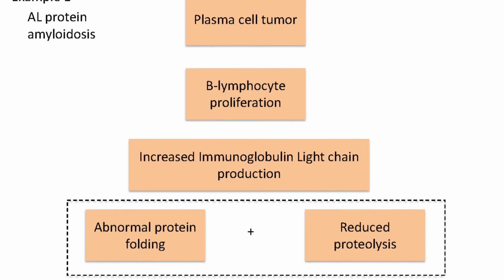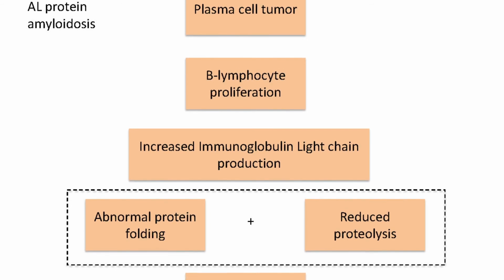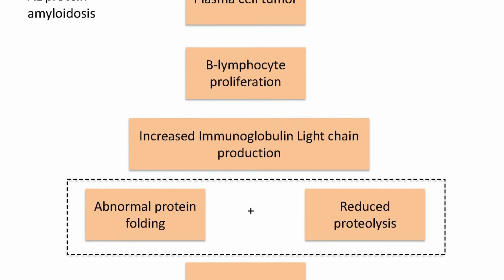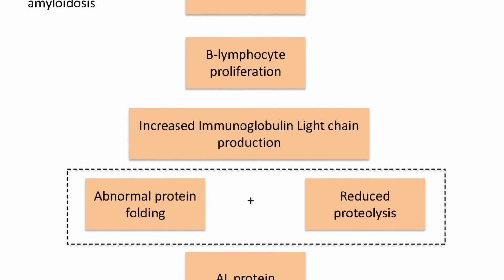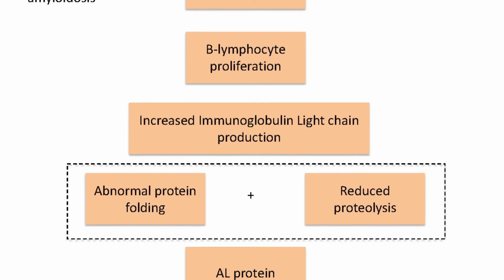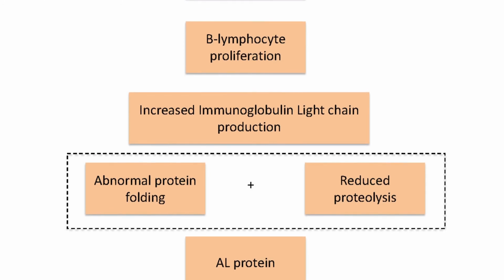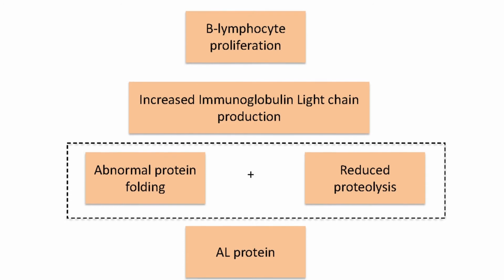As in the case of AL protein amyloidosis, which we have previously mentioned is a case of plasma cell proliferation, there is an increased amount of immunoglobulin, specifically the light chain, and abnormal folding of these light chains, and in addition to that reduced proteolysis can result in the deposition of the AL protein.